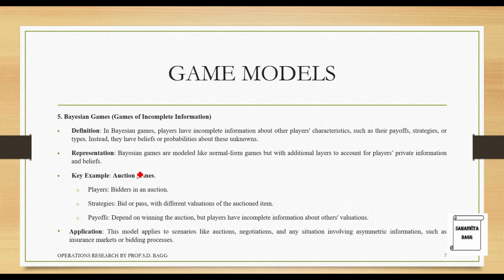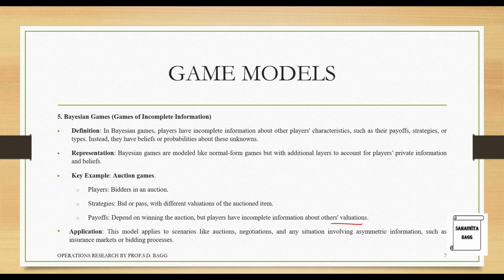Representation: Bayesian games are modeled like normal form games but with additional layers to account for players' private information and beliefs. For example, auction games. Players: bidders in an auction. Strategies: bid or pass, with different valuations of the auctioned item. Payoffs depend on winning the auction, but players have incomplete information about others' valuations.